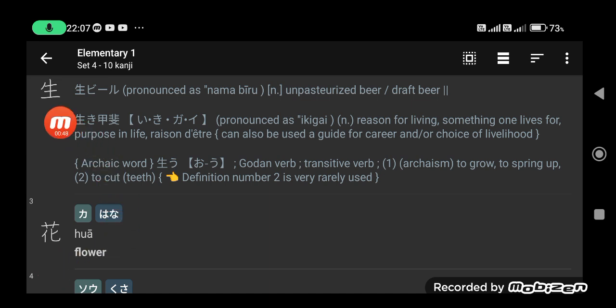I would like for us to look and talk about this kanji today. I'll be happy if you will watch until the end. Very well then, without further ado, let's begin.